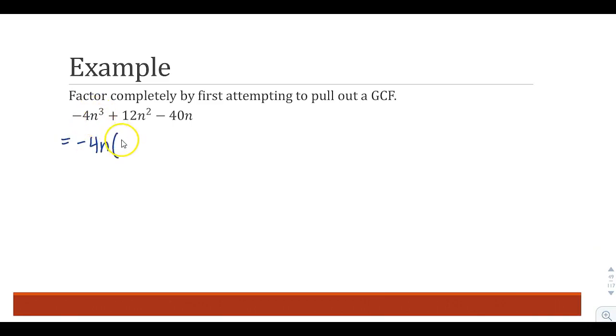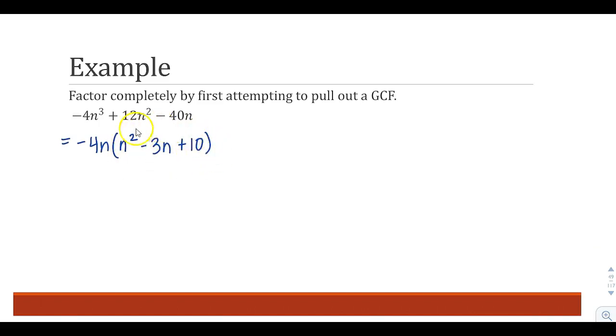So what'll be left here is an n squared. In the second term, I would have a negative 3 after dividing by the negative 4 and an n, so negative 3n. And when I divide negative 40 by negative 4, I get a positive 10, and I took out that n, so I have n squared minus 3n plus 10.